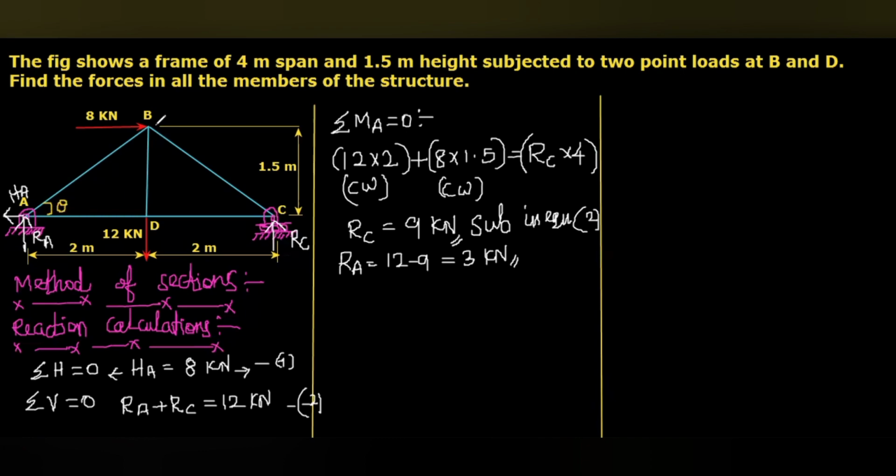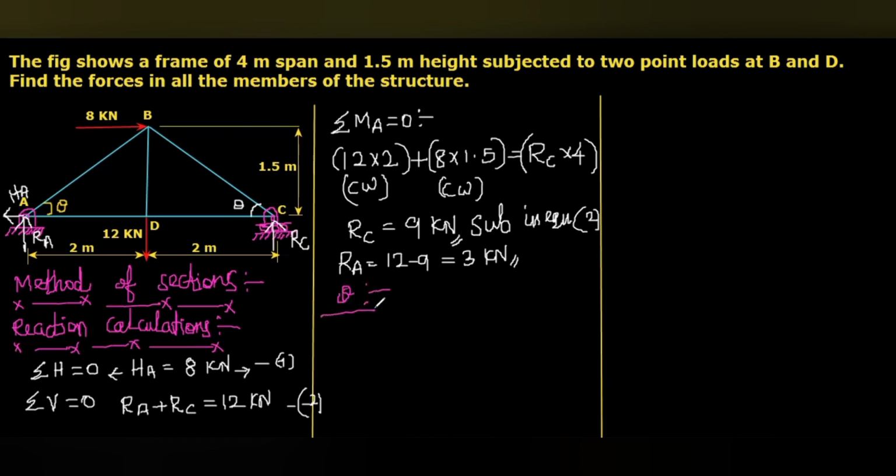Here you can see BD is 1.5, and AD and CD are both 2 meters each. If this is theta, this angle is also theta. That angle theta is made by the two inclined members, AB and BC, with respect to the horizontal, that we are going to find.